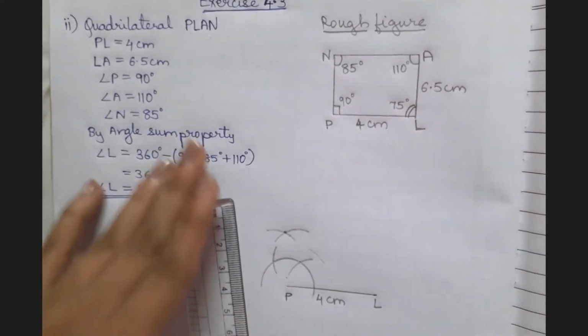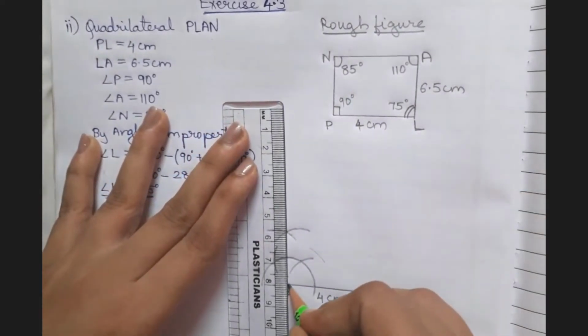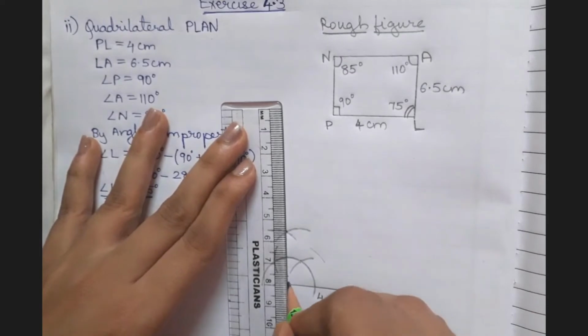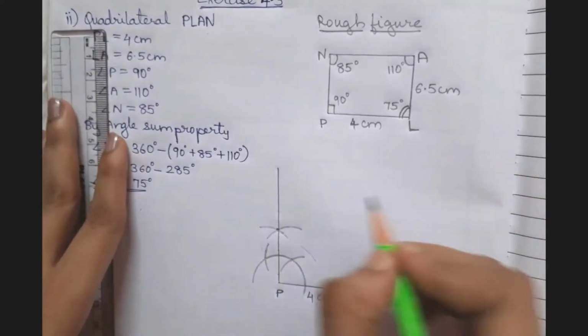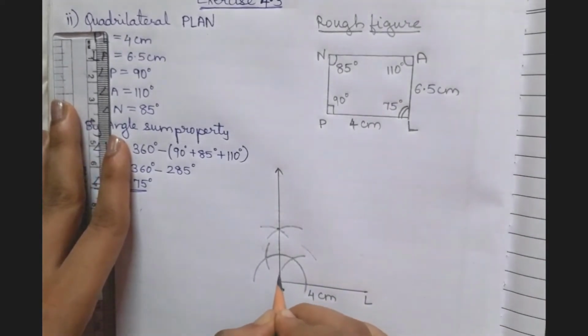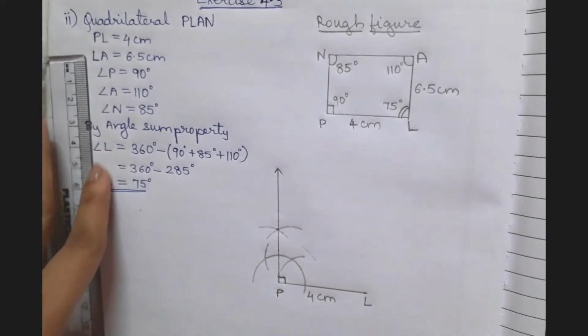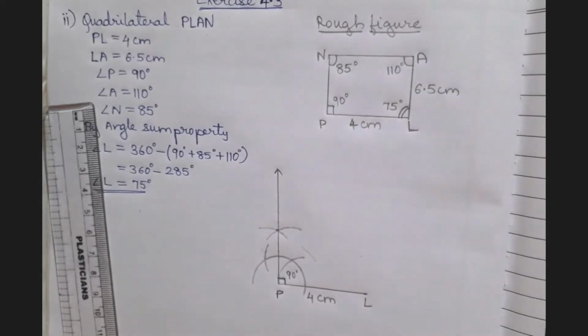So this is our angle 90 degree. So join these 2 points, point P and this. Okay, so this is our 90 degree angle. So this makes an angle of 90 degree. So our angle P is done.